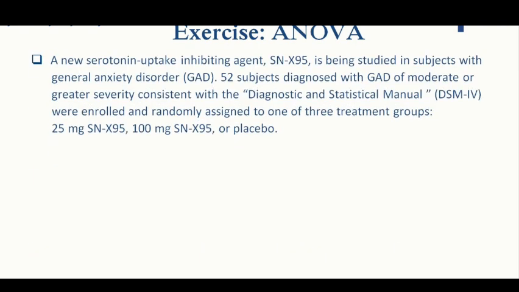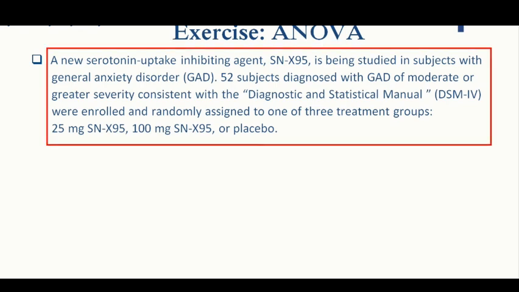Let us consider an example and use SAS to understand the analysis of variance. A new serotonin uptake inhibiting agent, SNX95, is being studied in subjects with general anxiety disorder.